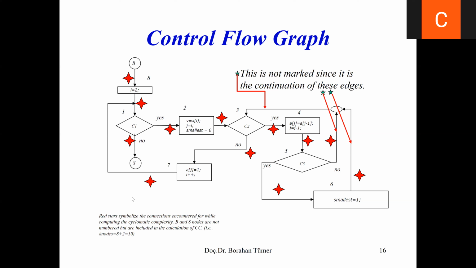So I would like you now to compute the cyclomatic complexity for me. I told you that 8 plus 2 is equal to 10 nodes, what we have as far as the nodes are concerned. So I would like you to count the edges and then compute the cyclomatic complexity, after you have counted the number of edges.